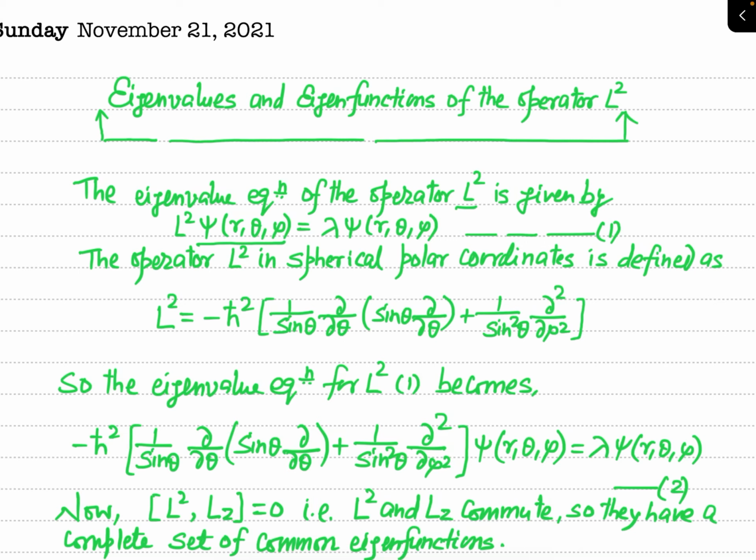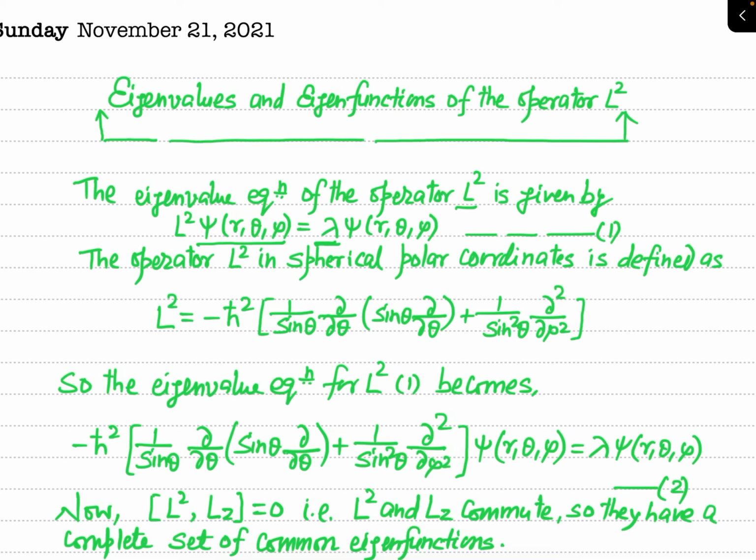We will simply operate the operator L square on this eigenfunction psi of r theta phi, and then we will get the eigenvalue of this operator, which I have denoted by the symbol lambda here, and the same eigenfunction. So L square psi of r theta phi equals lambda times psi of r theta phi. This is the eigenvalue equation of the operator L square.